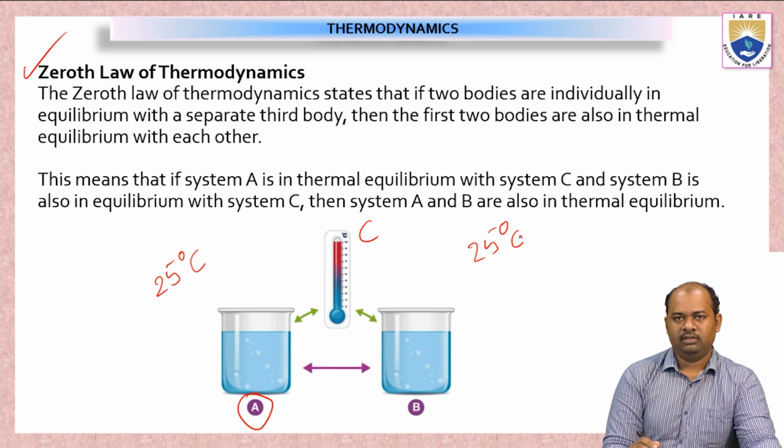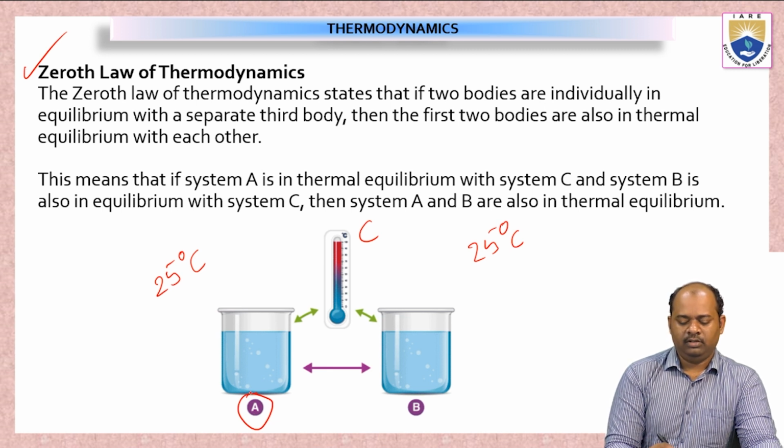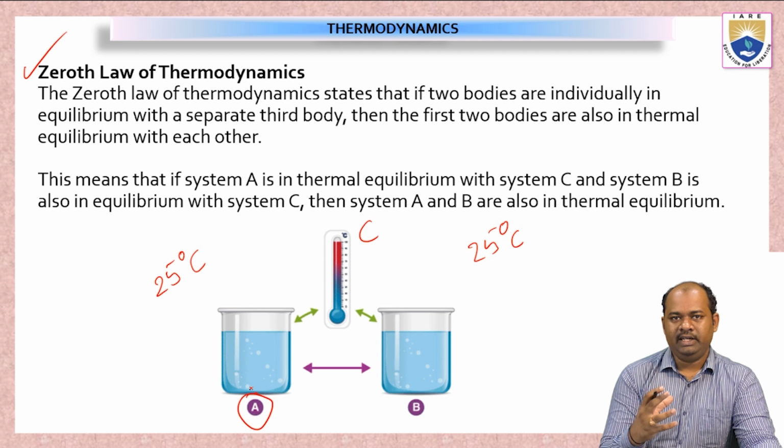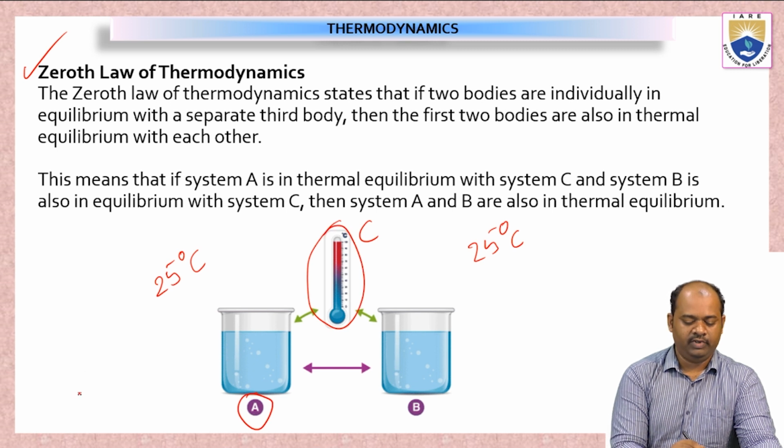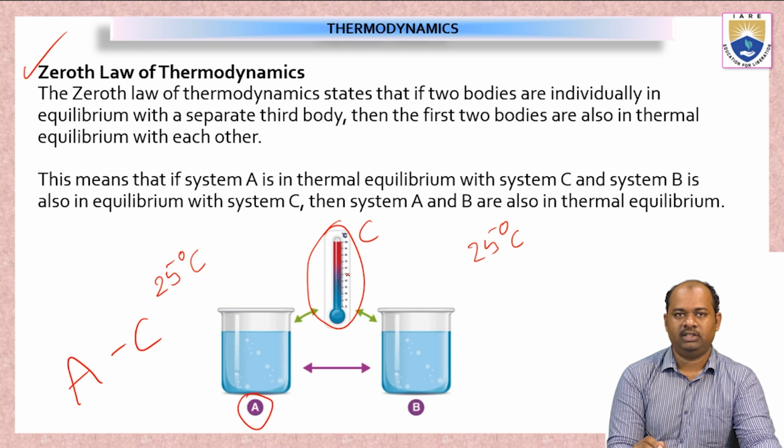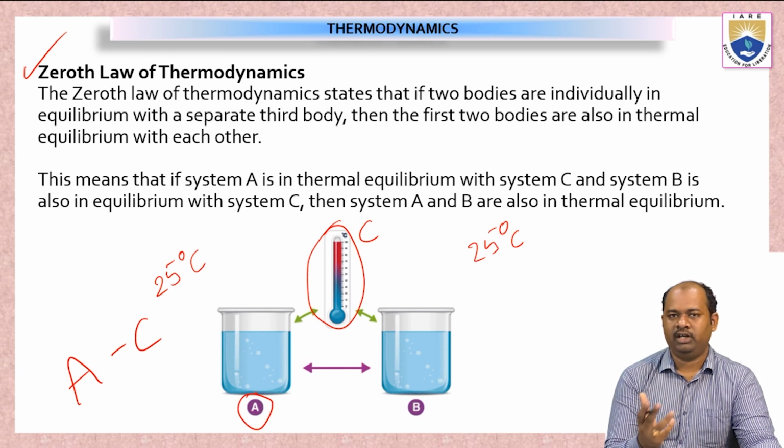Now the contents in the first container are in thermal equilibrium with the thermometer. I am representing the thermometer with C. So A and C are in equilibrium with each other. That means the contents in the container made the temperature inside the thermometer equal to 25 degrees centigrade.